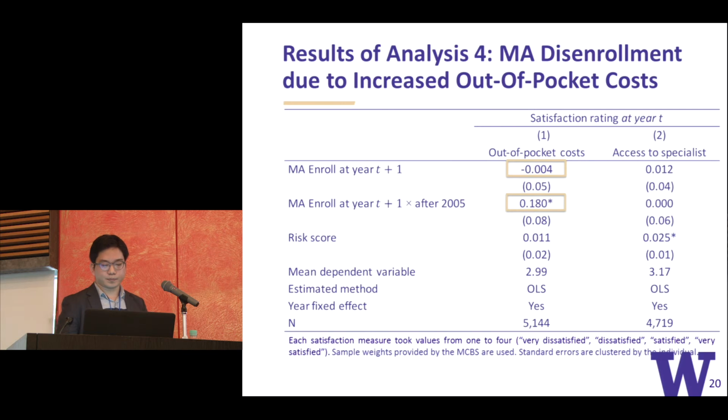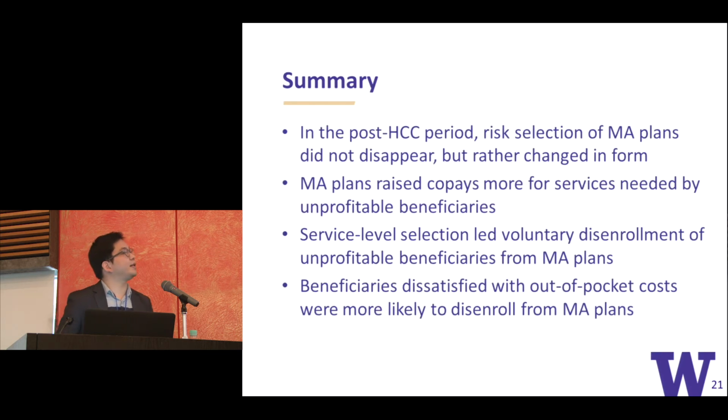satisfaction measures. So to summarize my findings, in the post-ACC period, risk selection did not disappear. In my study, I found that MA plans changed their risk selection strategy. Specifically, MA plans engaged in service level selection by increasing co-pays, especially more for some services that are more used by unprofitable people.